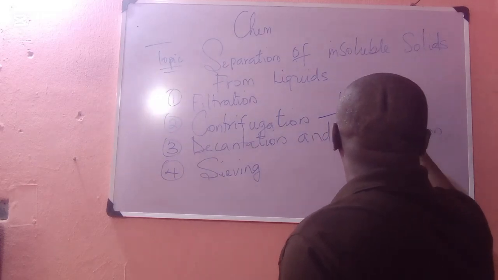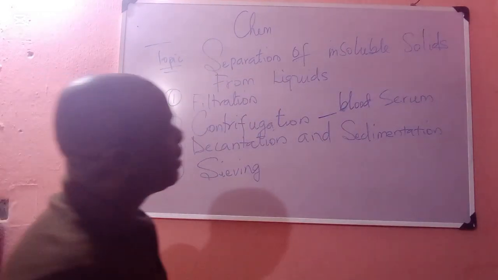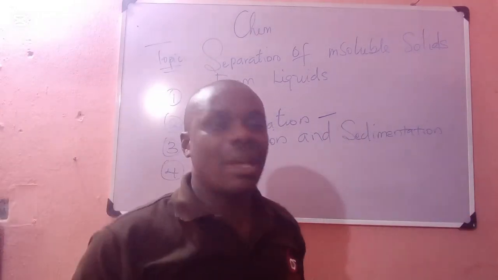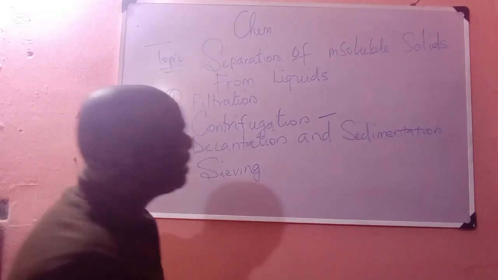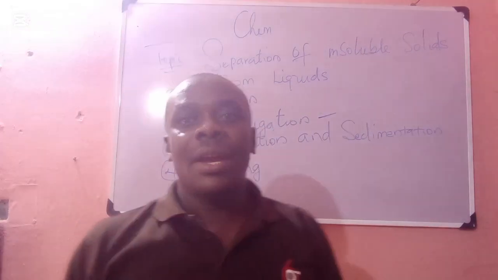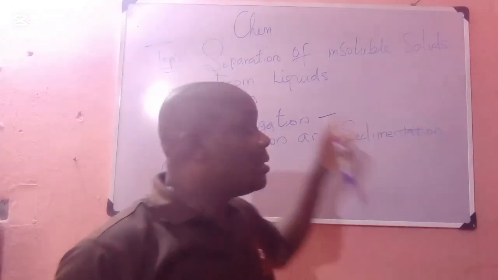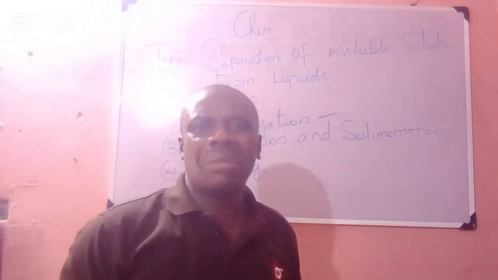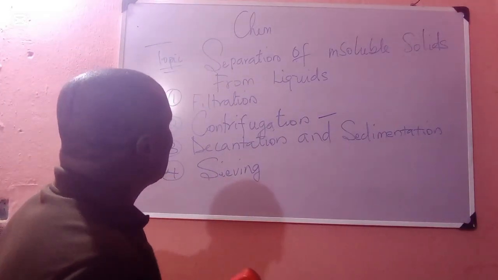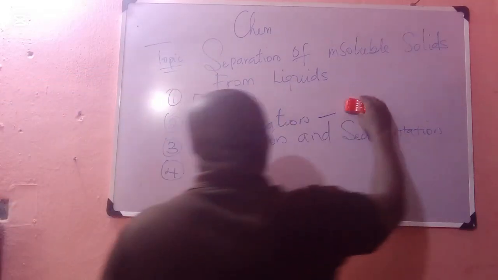They use it to spin the blood sample to separate it, maybe for example when you are doing a widal test, or maybe a derivative.